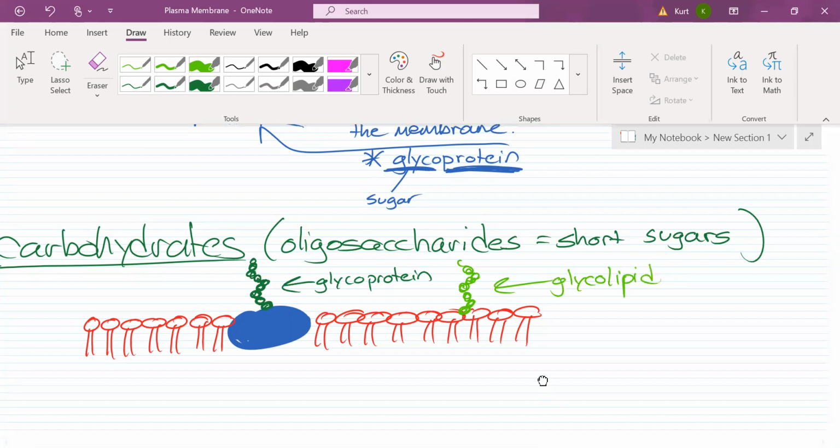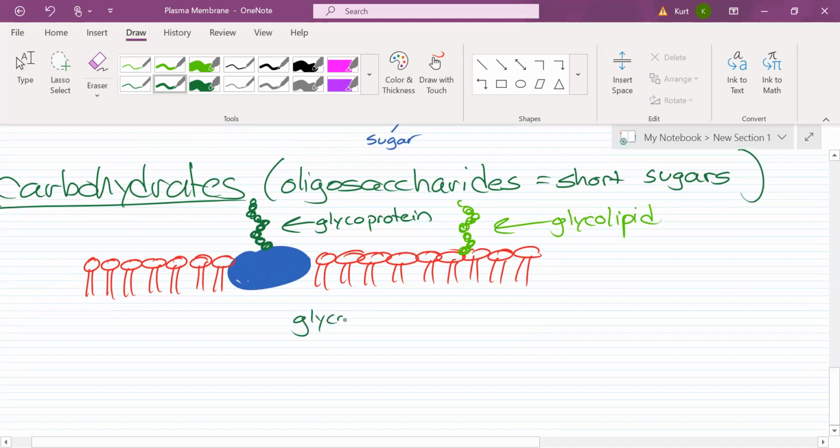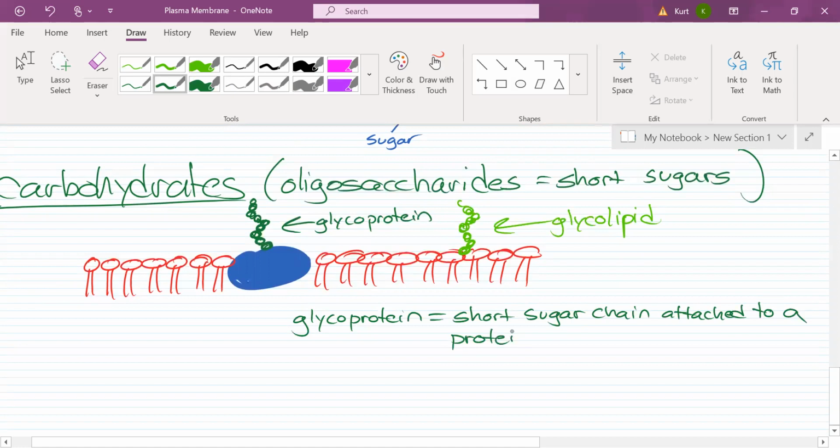So let's define what these two are. A glycoprotein is a short sugar chain attached to a protein. A glycolipid is a short sugar chain attached to a lipid.